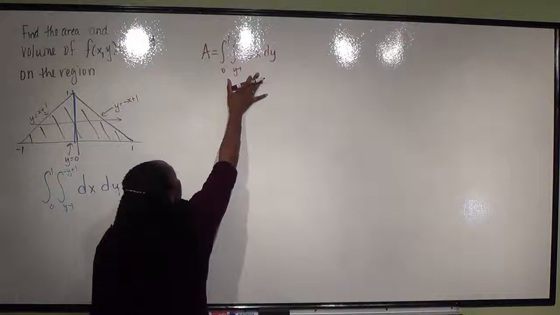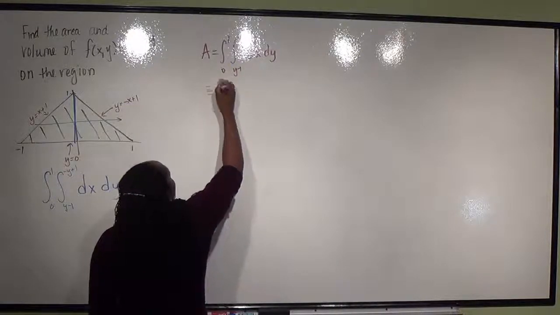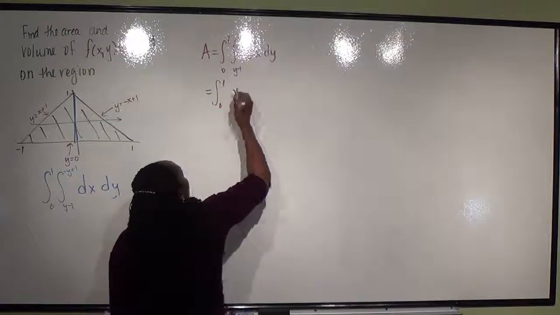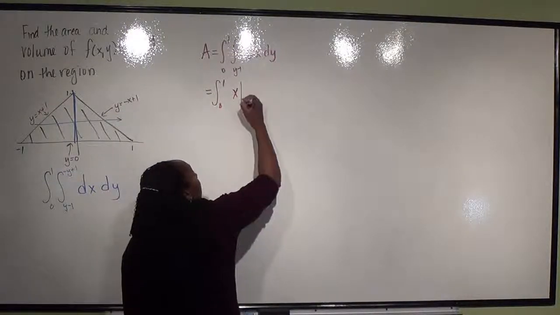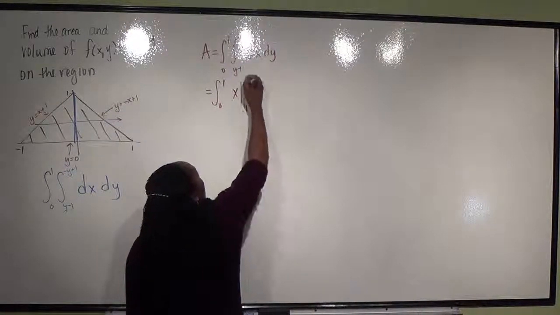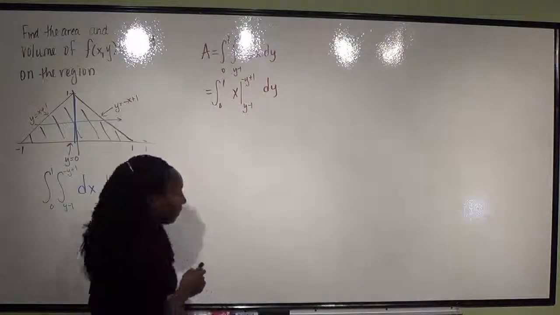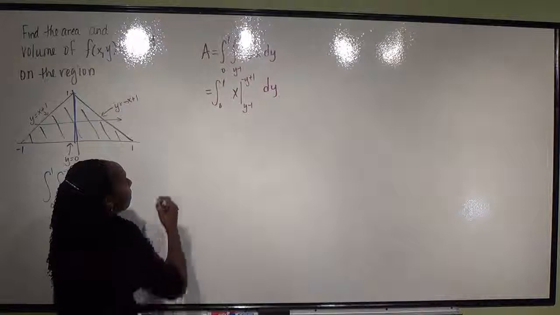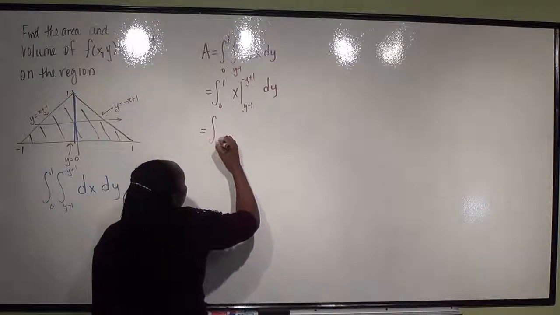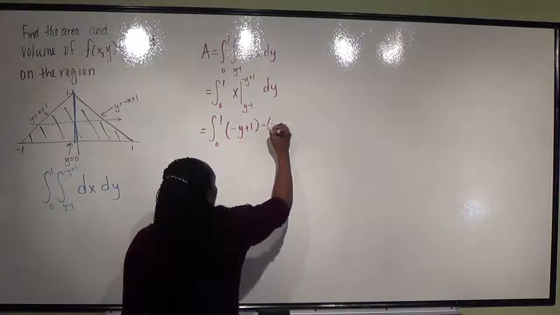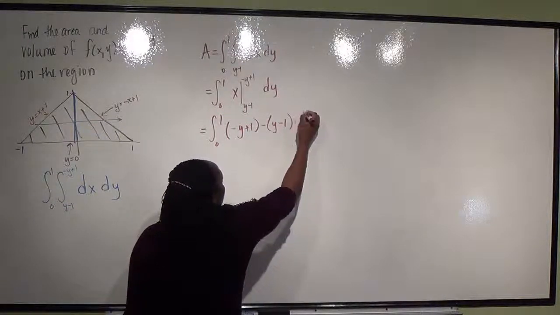So I'm going to integrate the inner piece first. So integral of dx is just x, and I'm going to integrate that from y minus 1 to negative y plus 1 dy. So my upper limit minus my lower limit is negative y plus 1 minus y minus 1.